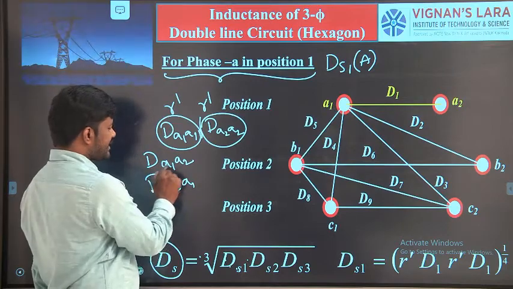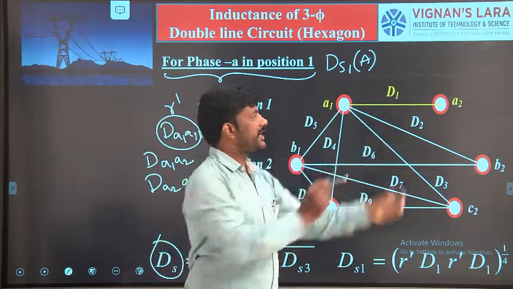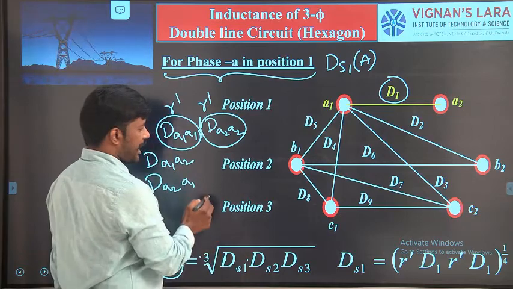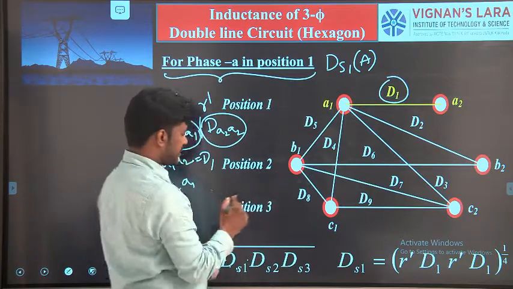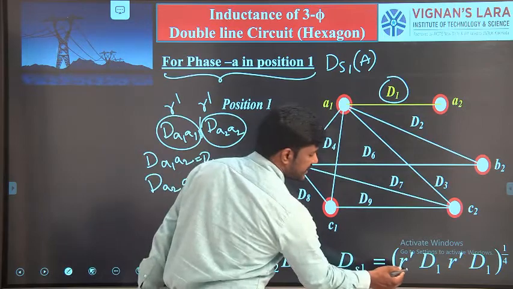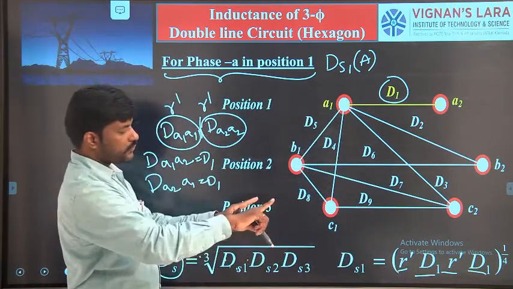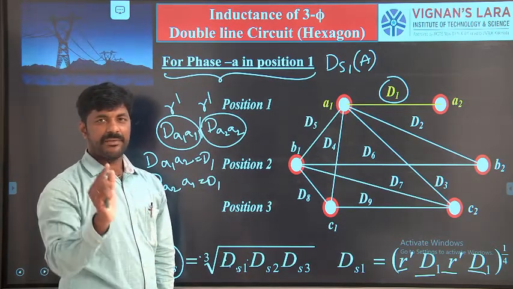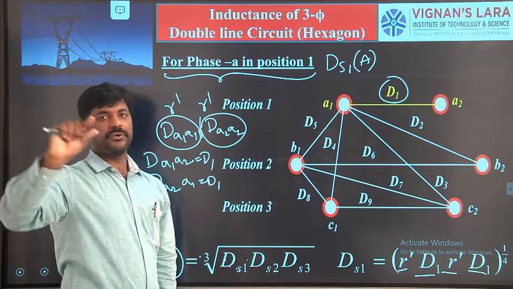And these are the distances available in the figure. From A1 to A2, what is the distance? We have denoted it as D1 in a lighter color if you check. A2 to A1 is the same distance, D1. So the 4 distances are R dash, R dash, D1, D1. The product of all those 4, to the power 1 by 4, is Ds1, the self GMD of phase A whenever it is located in position 1, the top position.